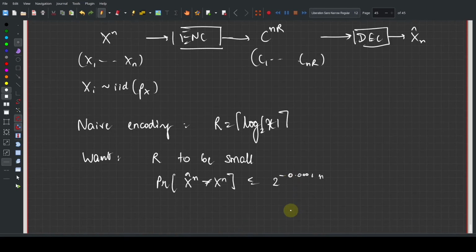Okay, is the problem formulation clear? The goal is to design these functions, encoder and decoder, such that R is as small as possible. R is fixed for a given px, and the probability of error is as small as possible, let's say exponentially decaying in n.